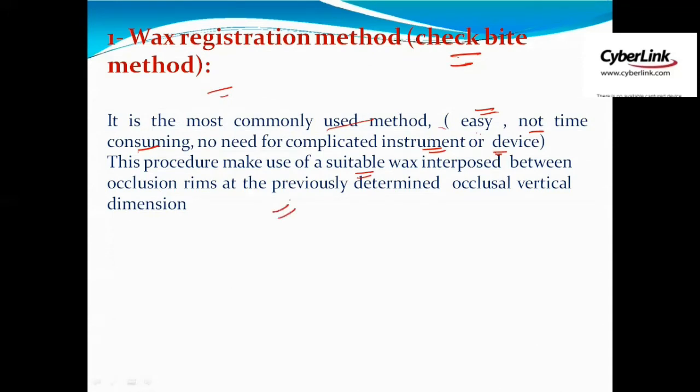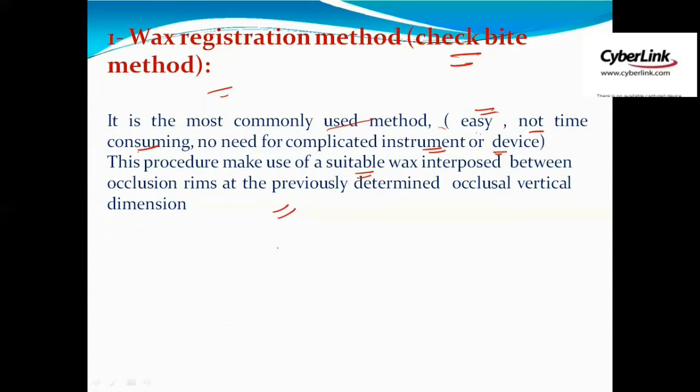In this method, the tentative centric jaw relation is recorded by asking the patient to retrude the mandible. The casts are articulated based on the tentative jaw relation. Teeth arrangement is done and an intraocclusal registration is made. The tentative jaw relation is verified with intraocclusal records and errors are corrected.